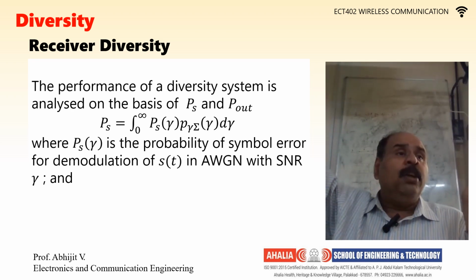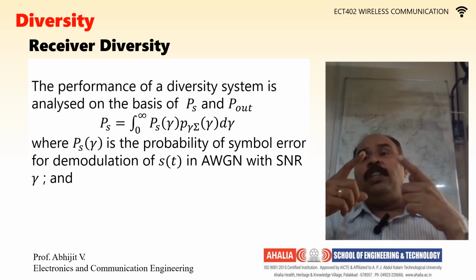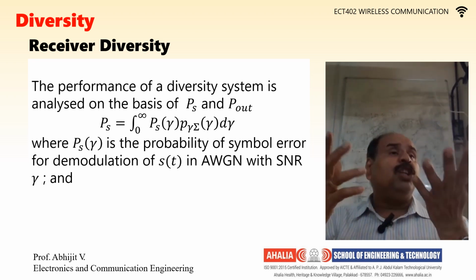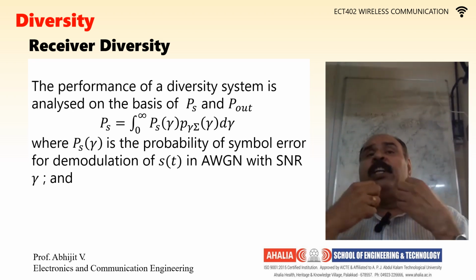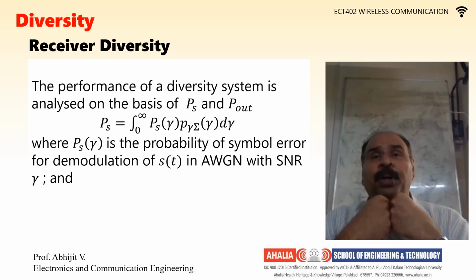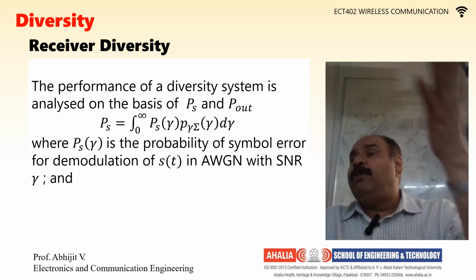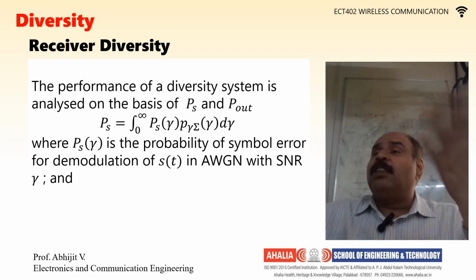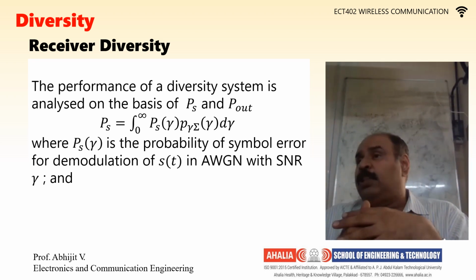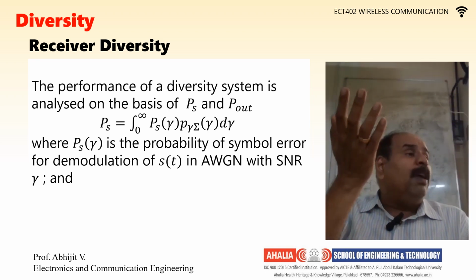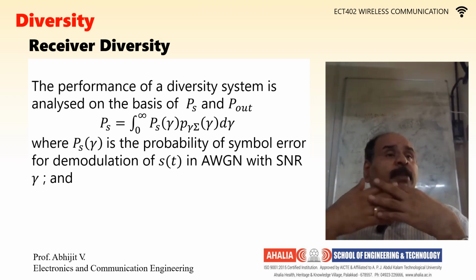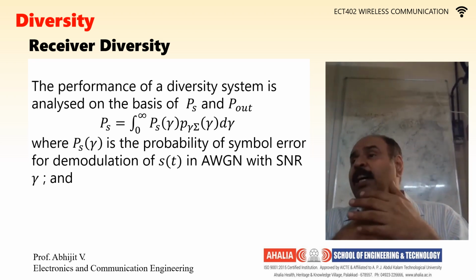This is the problem, right? One thing we studied in the third module is outage probability: the probability that a signal transmitted from one point to the other is not received at the other end because the signal to noise ratio is below the threshold value. The threshold value is denoted by gamma naught. I hope you remember that.